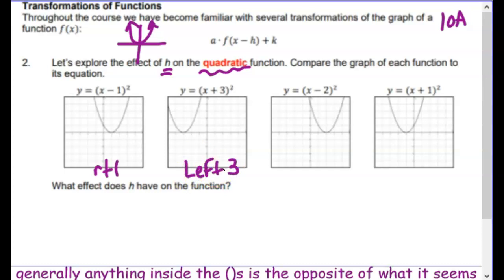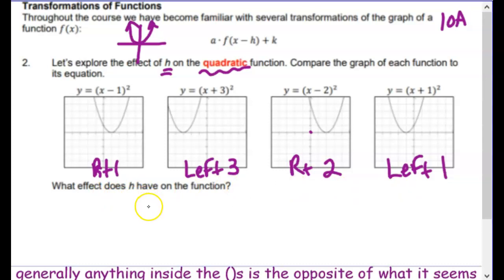You understand what we're doing here? So a -2 in here actually shifted it to the right 2. And a +1 shifted it left 1. So what effect does h have on the function?